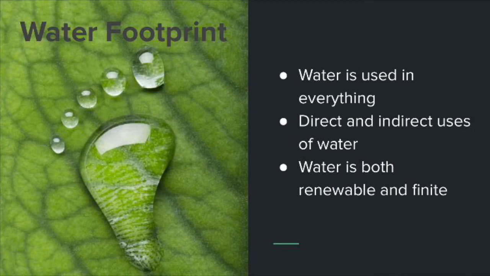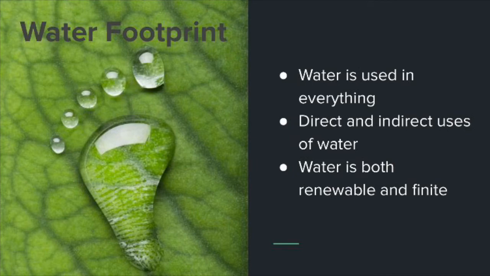However, these indirect uses of water, these are things such as like clothes or agriculture. These are water-intensive activities that we don't necessarily see the water being used, and so it's a bit harder to understand that use of water.